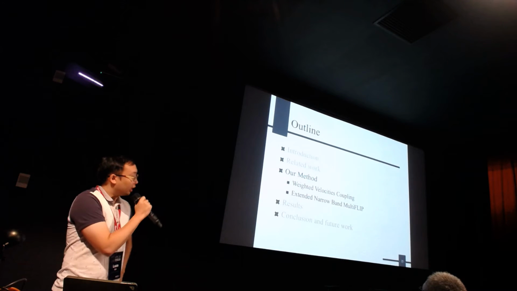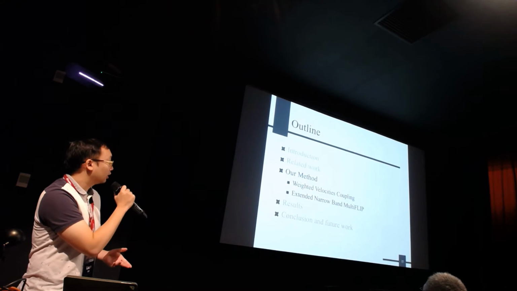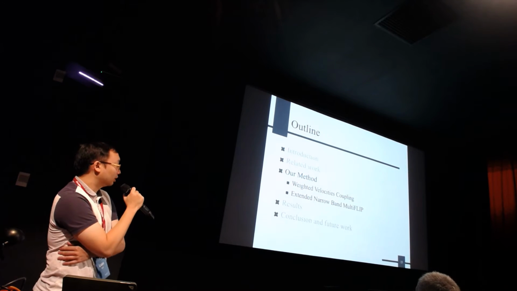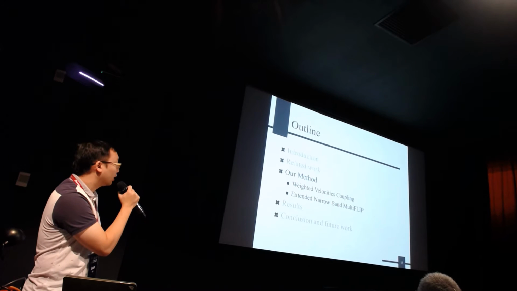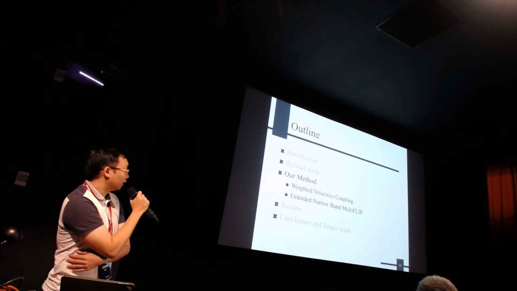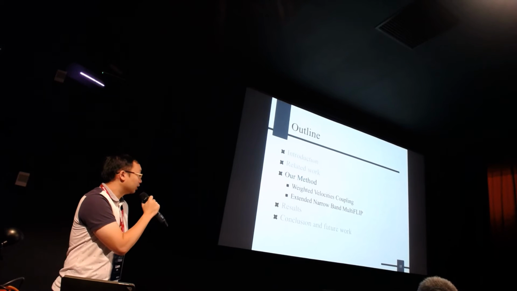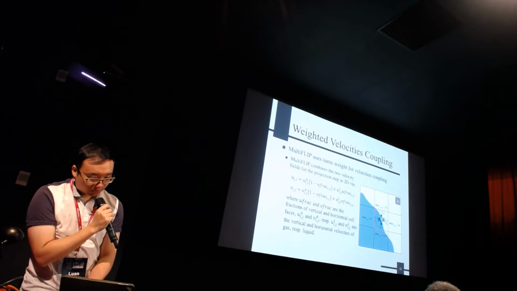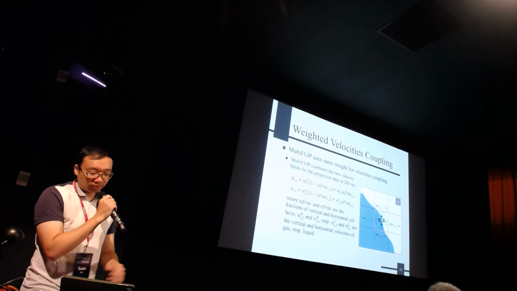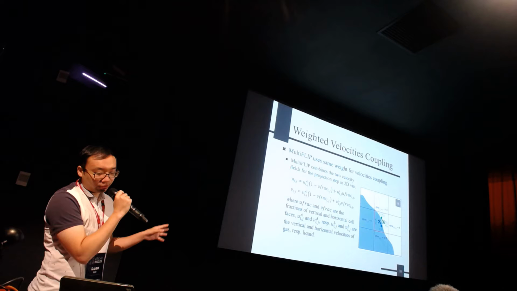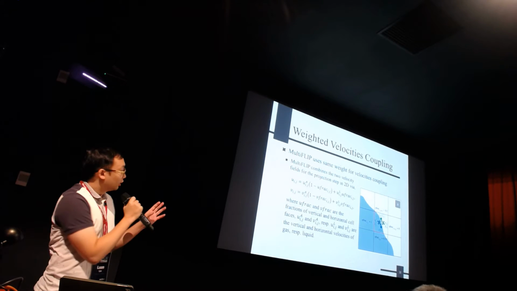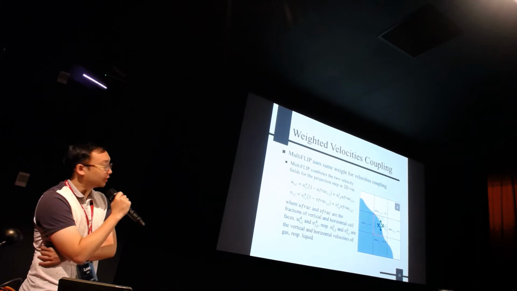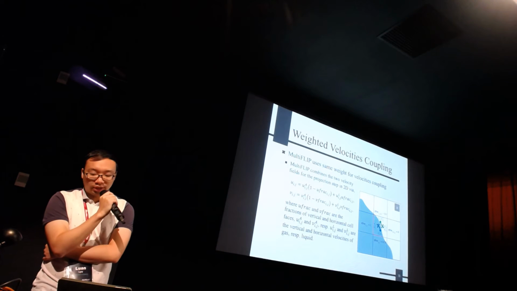And then is our method. We divide our method into 2 parts. The first one is the weighted velocity coupling, and the second one is the extended narrowband method. MultiFLIP uses respective velocity fields for gas and liquid.